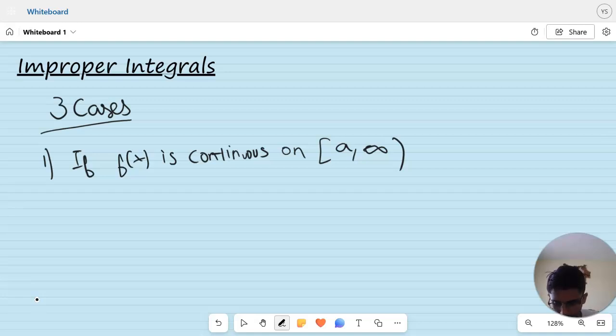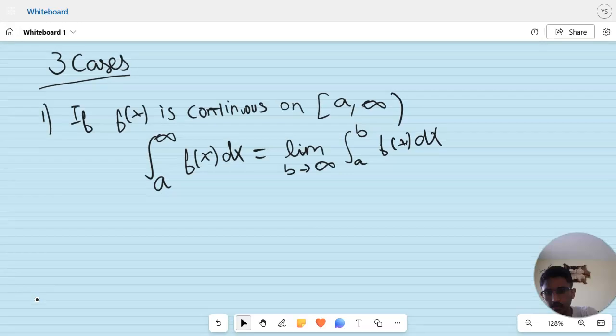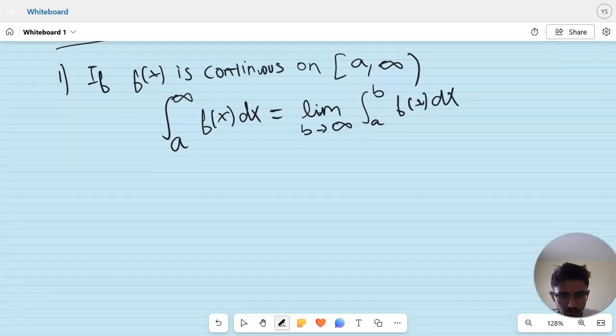Then the integral from a to infinity of f of x dx is going to be the limit as b goes to infinity of the integral from a to b of f of x dx. That's our first case. And remember, a is going to be a number.